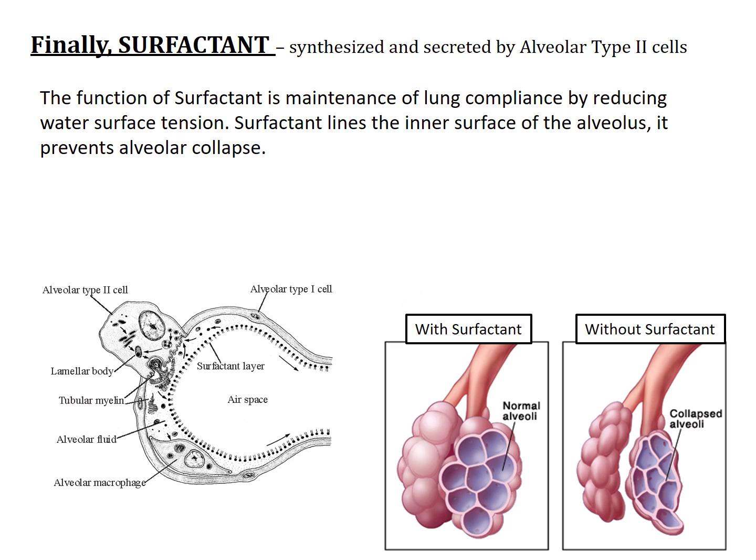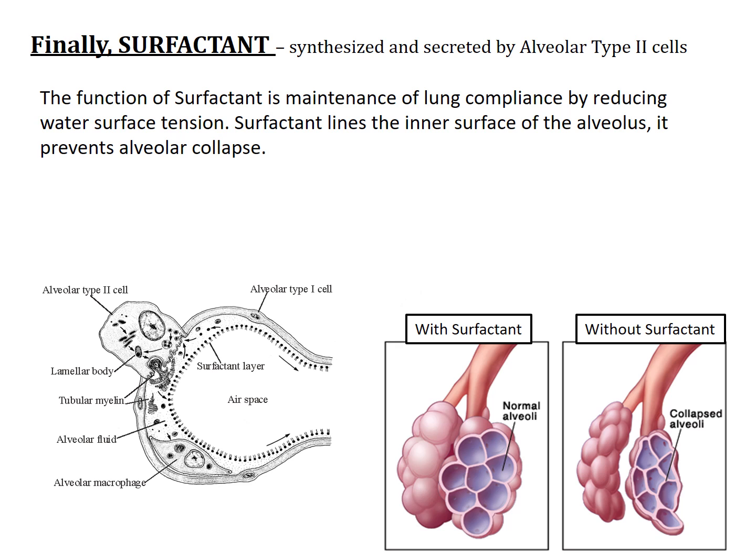Let's talk about surfactant. Surfactant is a liquid substance which is secreted by the alveoli. There's a specific type of alveolar cell called a type 2 cell. That epithelial cell in the alveolar wall secretes surfactant, and that surfactant goes inside the lumen of the alveoli.